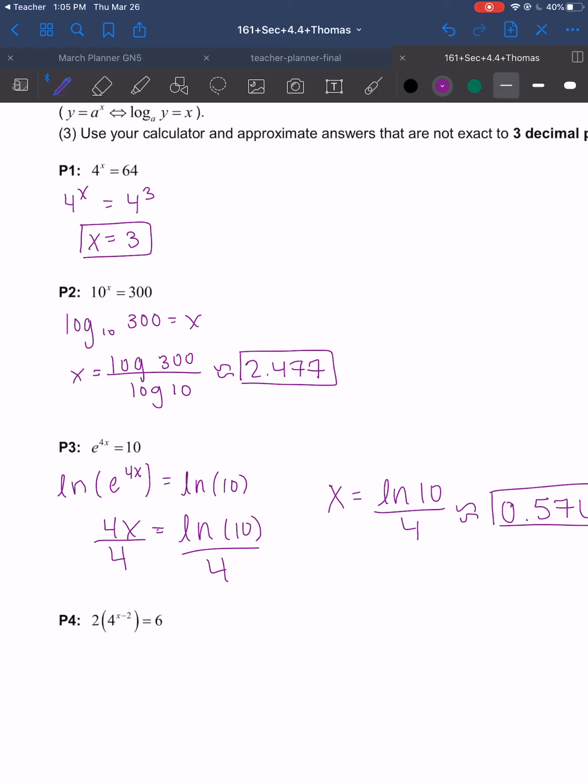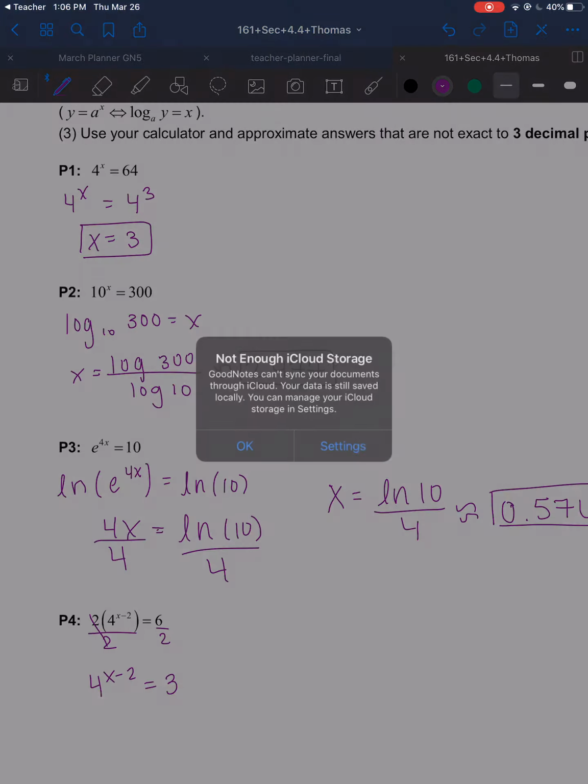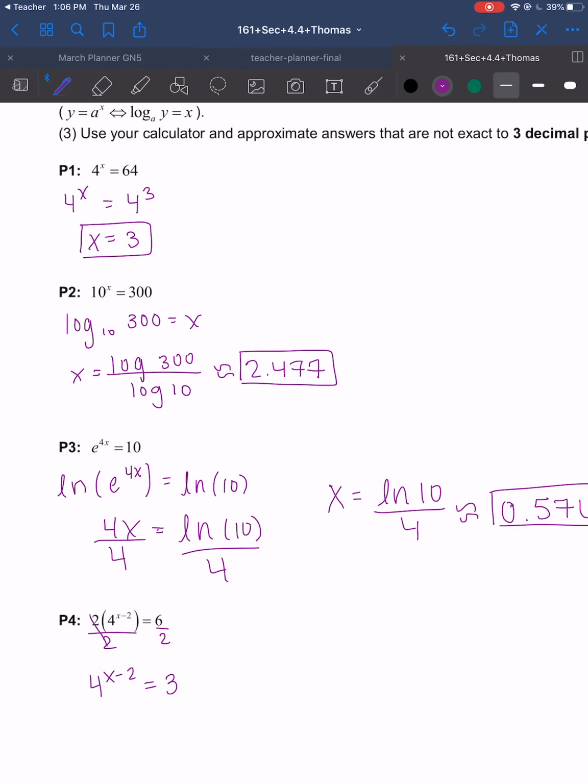Problem number 4, we need to isolate the exponential part before we deal with anything. So I'm going to divide both sides by 2. So I have 4 to the x minus 2 equals 3. And once again, I can't rewrite 3 as a power of 4. So I'm going to rewrite this as logs. So log base 4 of 3 equals x minus 2.